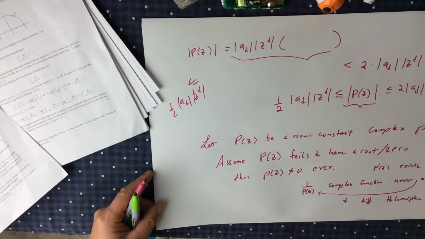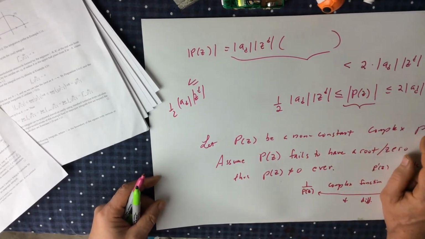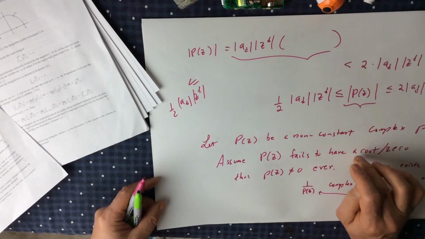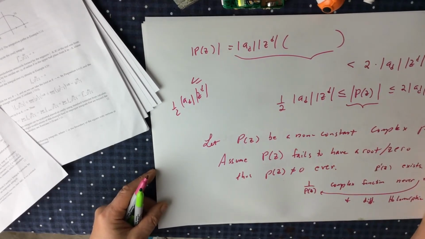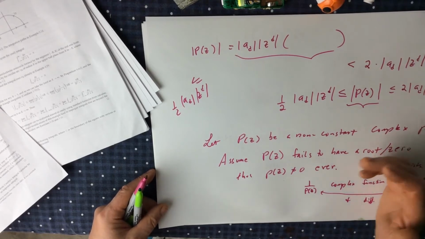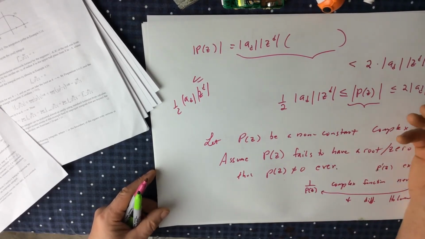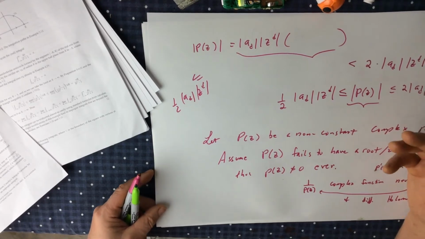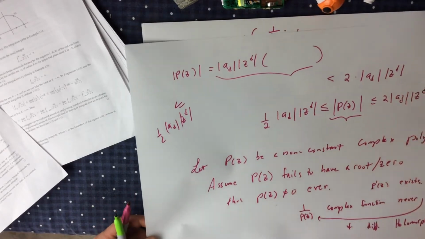So what's our conclusion? A non-constant complex polynomial always has a root in the complex plane, when it's greater than a constant polynomial. In other words, all polynomials in the complex plane factor. Now use math induction. That proves that the complex polynomials completely factor in the complex plane.